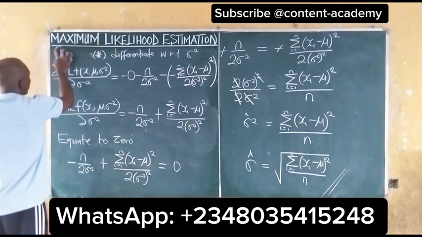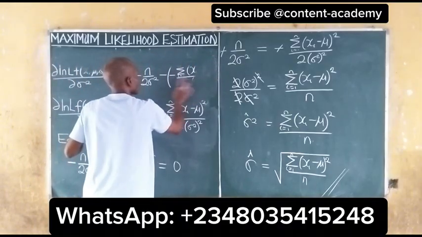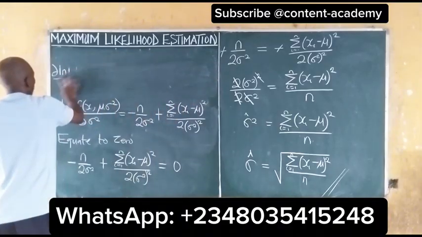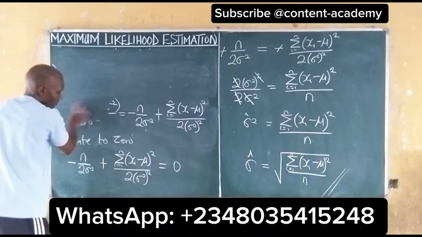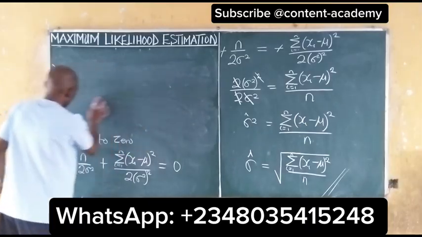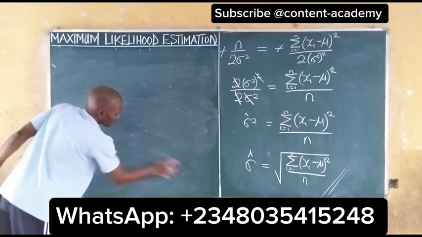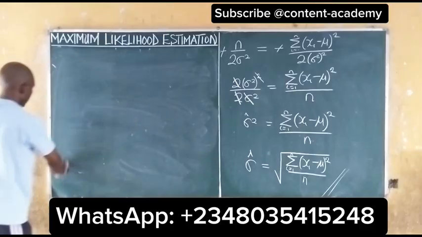Now we can recall. We can now write out all we have gotten in finding the maximum likelihood estimator for the mean and variance.